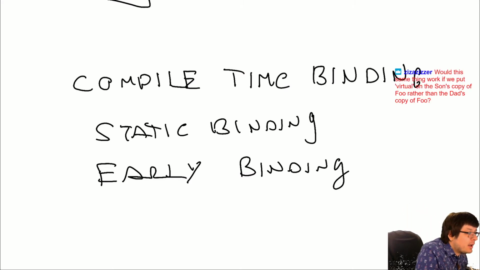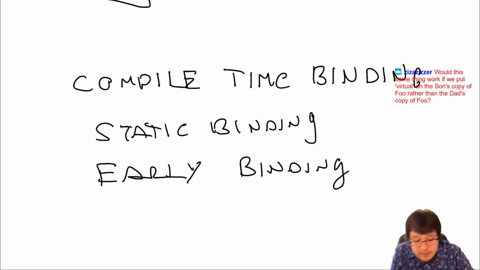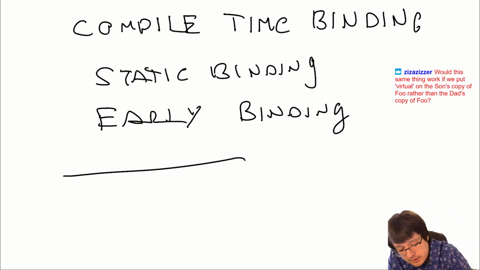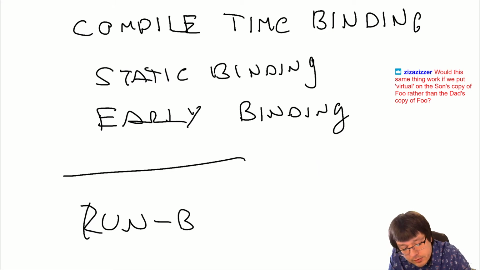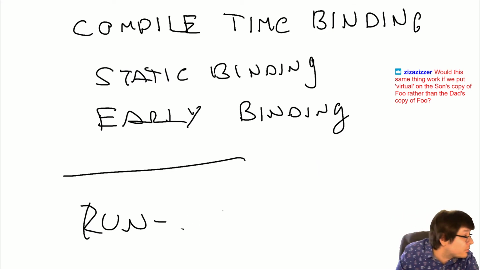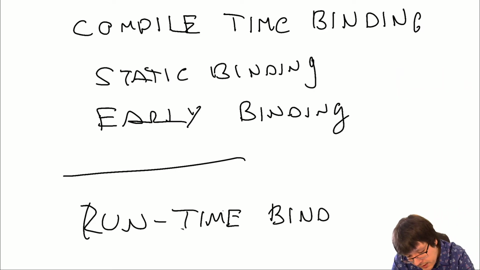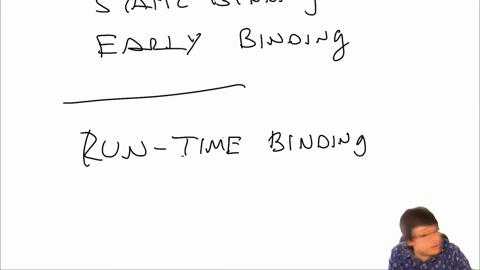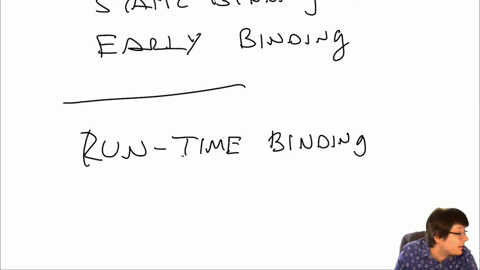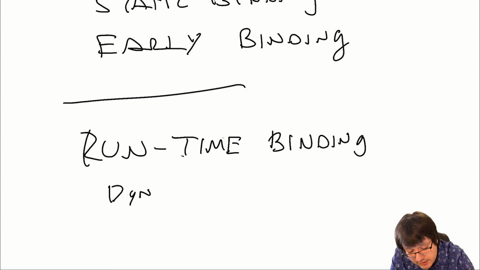And then for runtime binding, which is the other scenario that you get thanks to virtual functions, the other two names are dynamic binding, which is kind of the matching term for static binding.